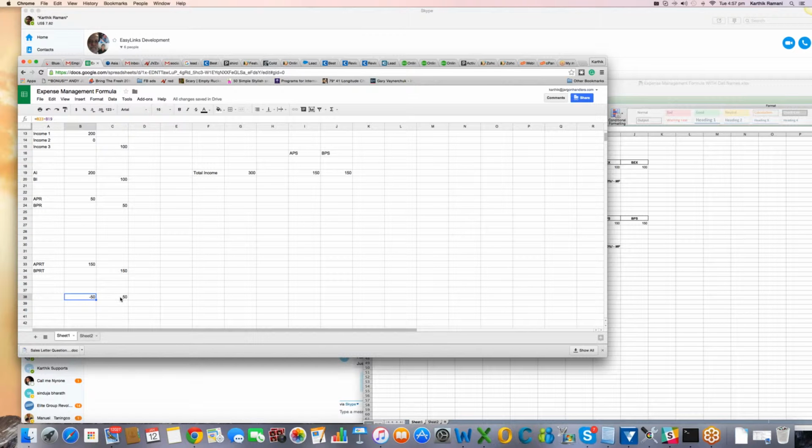If you're negative, you give that. So it's B33, which is the APRT, minus B19, which is what I called AI. So it's APRT minus AI. Yeah, that's correct. And BPRT minus BI.